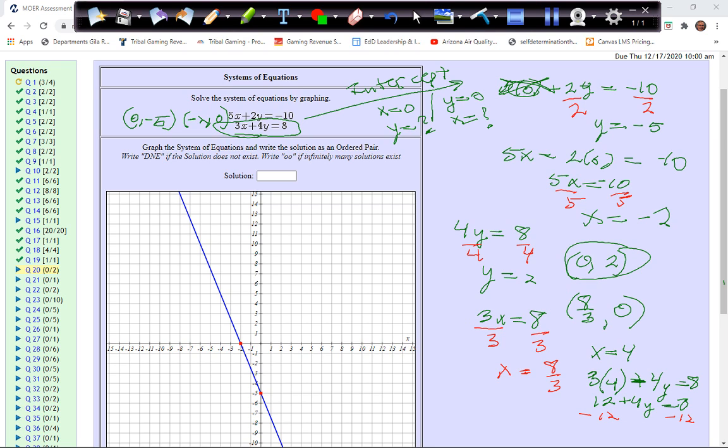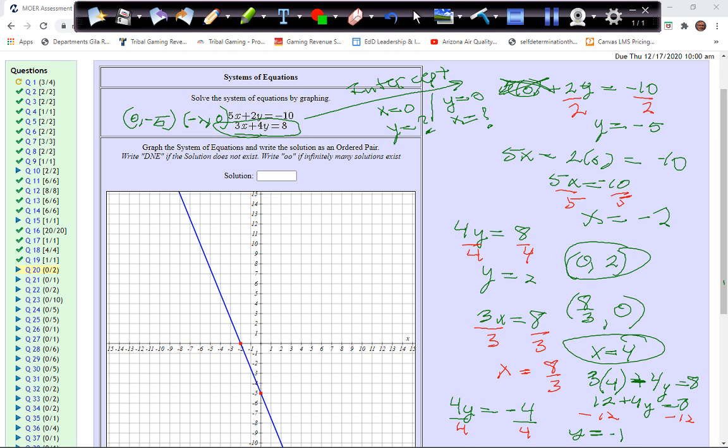And what I end up with is, for y, 8 minus 12 is negative 4. That's a nice one. Then I divide both sides by 4, and I find that y is equal to negative 1. I started with x equals 4, so I get the point (4, -1).